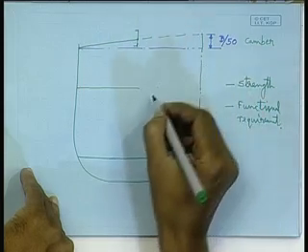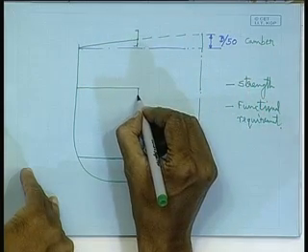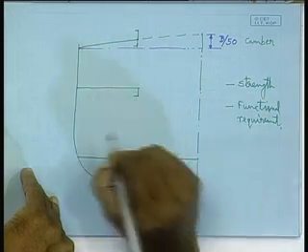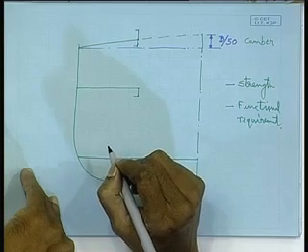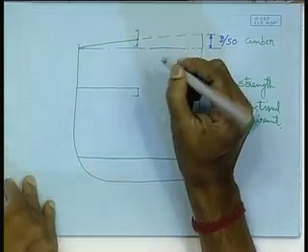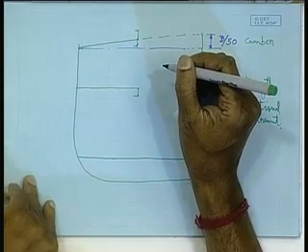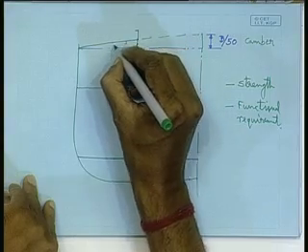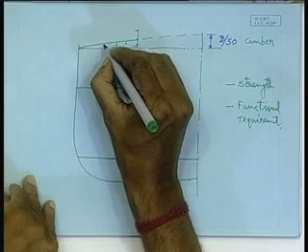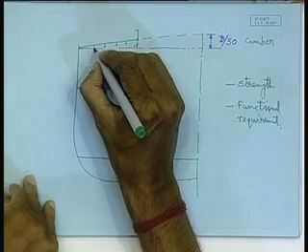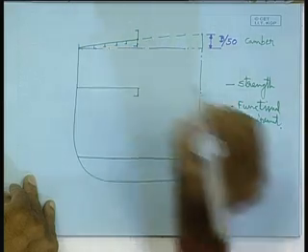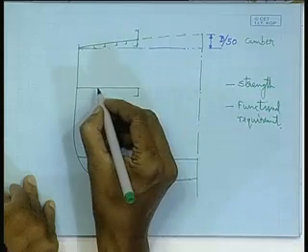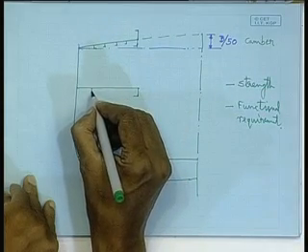The same thing will be there in the lower deck also, a hatch side girder, and then the decks are longitudinally stiffened. So, you can show some of the longitudinals schematically. The same thing is true for the lower deck.